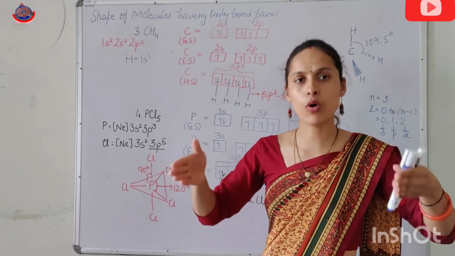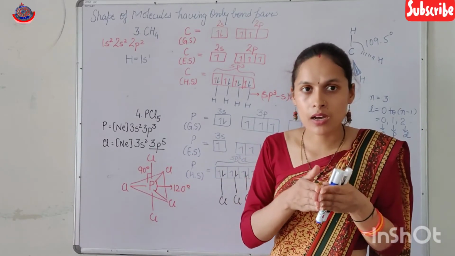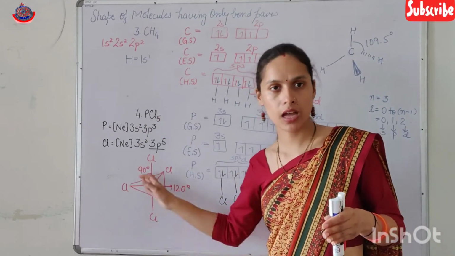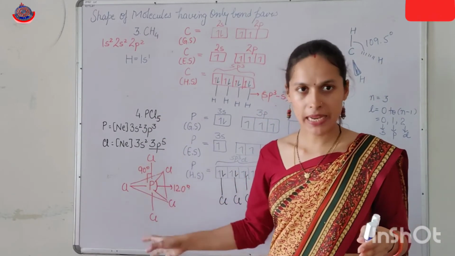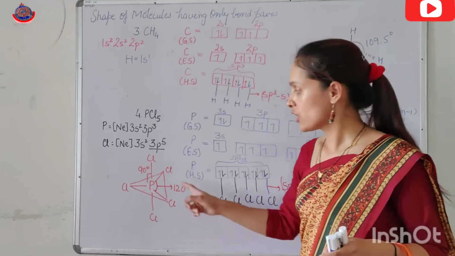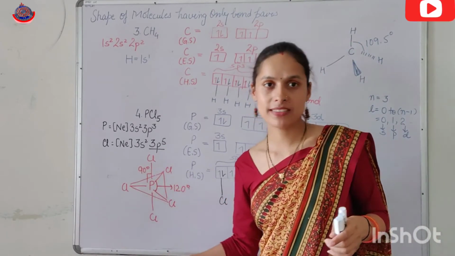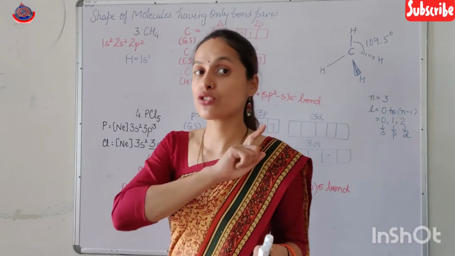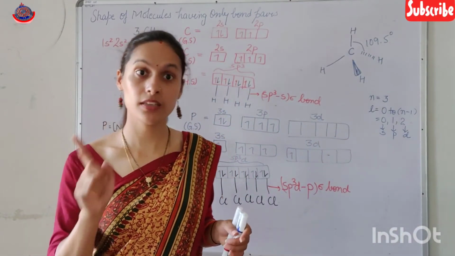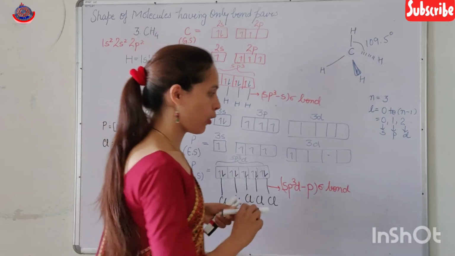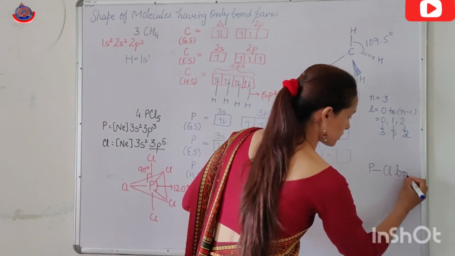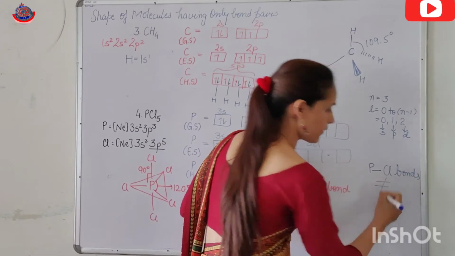Therefore, they repel the bonds which are present above and below the plane. As a result of which, the bond lengths of all the PCl5 bonds are not equivalent.